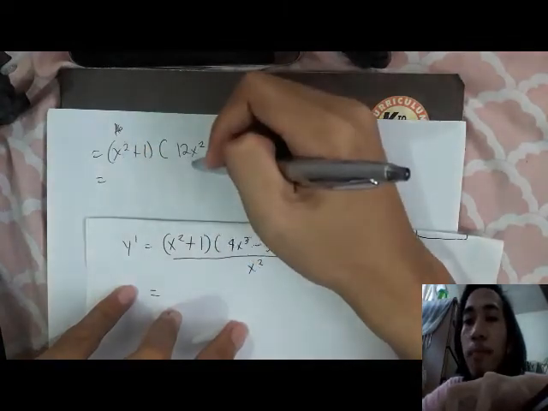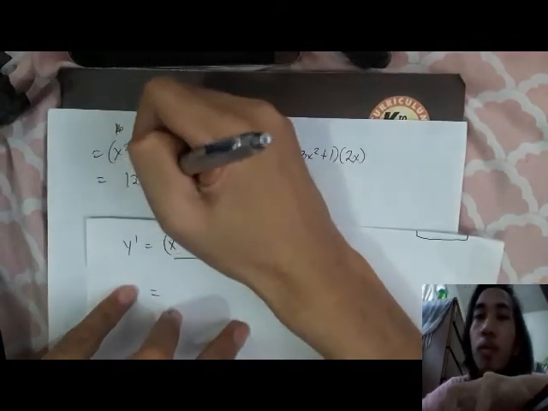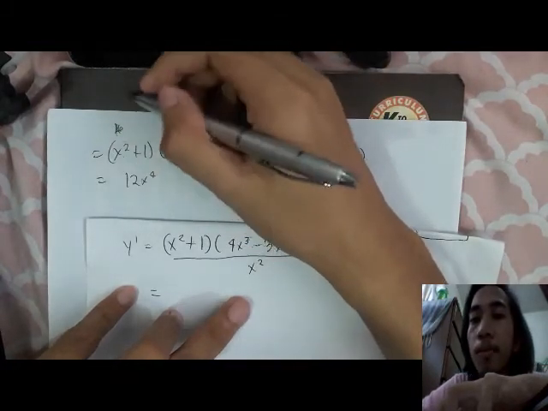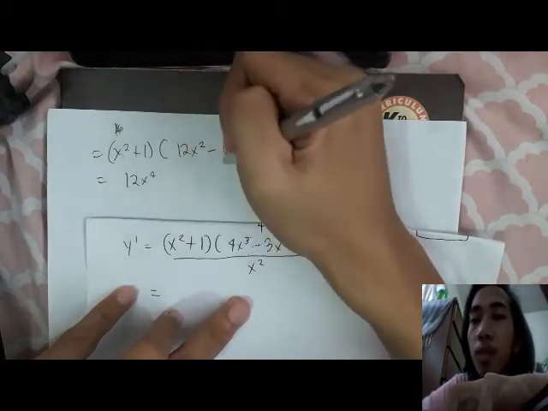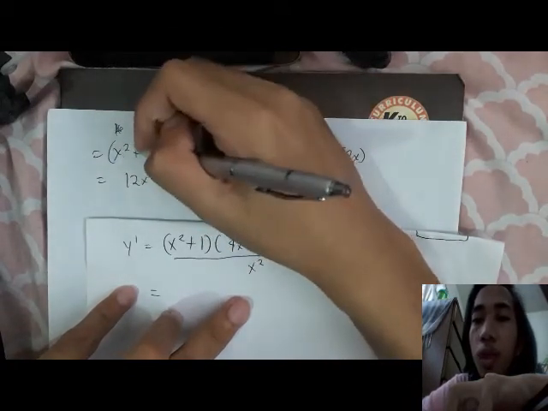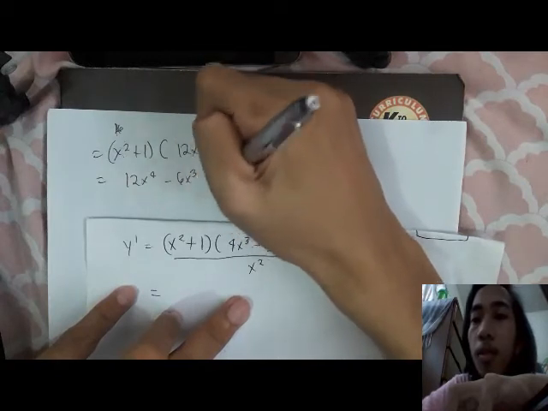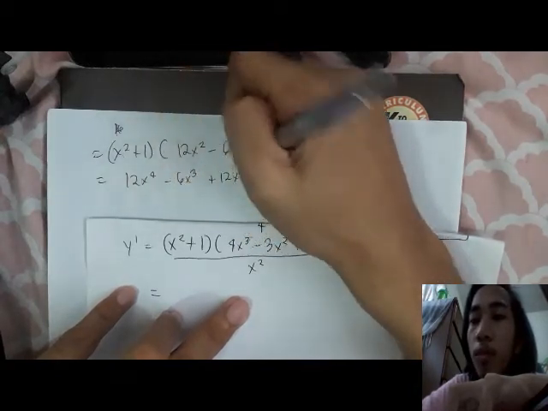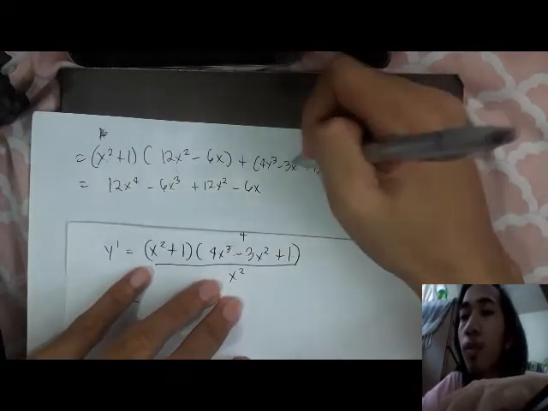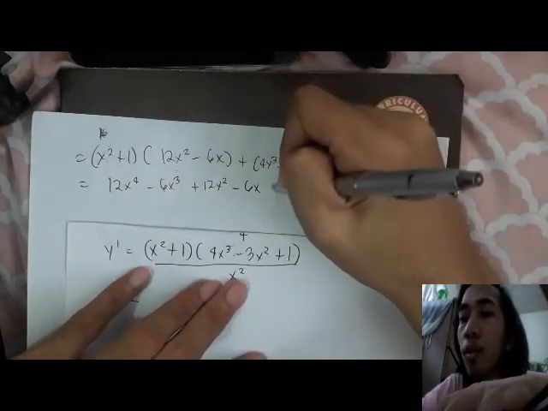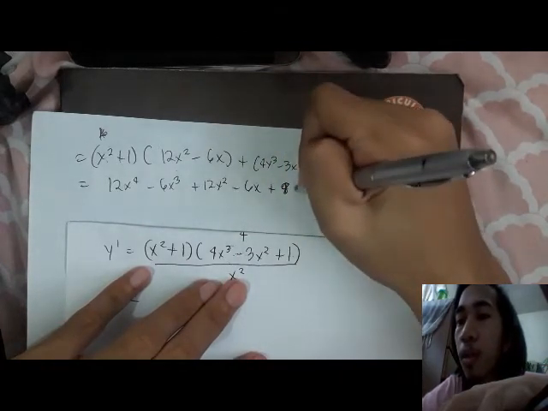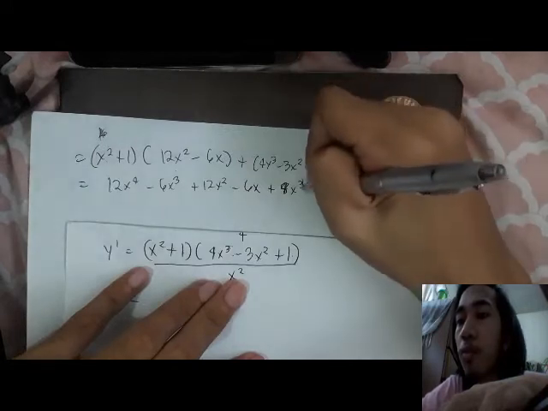So x squared times 12x squared, 12x to the power 4, tapos gamit ang FOIL. First, outer, so negative 6x cubed, inner, which is positive 12x squared, tas last is negative 6x. Dito multiply natin ang 2 sa 4x cubed, which is positive 8x to the power 4.